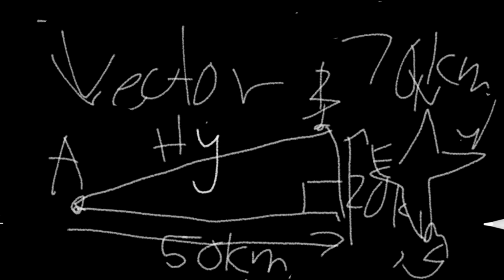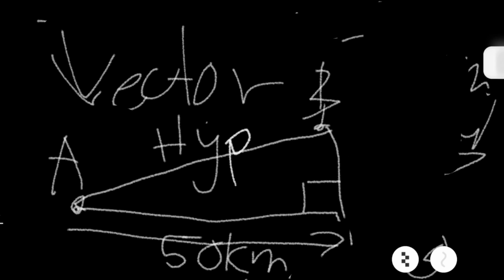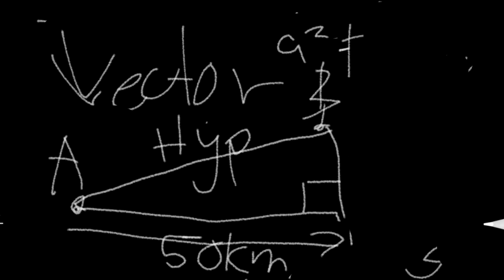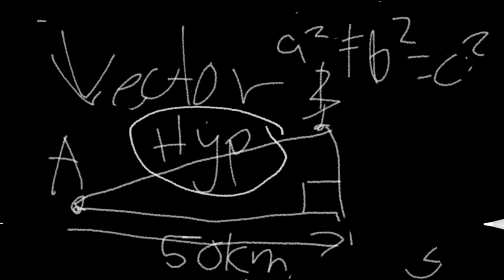This is the hypotenuse. By using the Pythagorean theorem, a squared plus b squared equals c squared, we substitute the values and we get the measure of the straight path connecting the final position and the initial position of an object, and that is displacement.